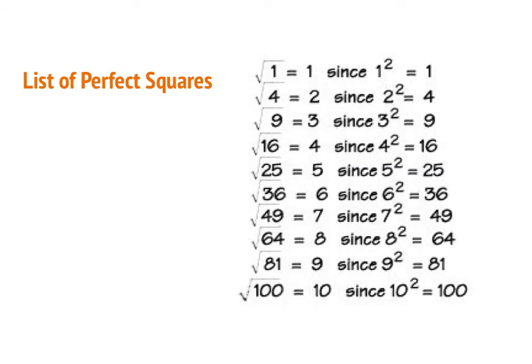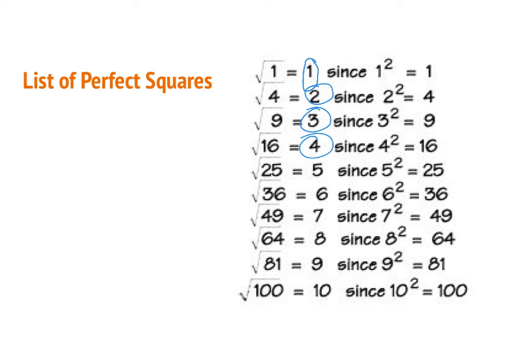Looking at trying to simplify radicals requires us to know what are perfect squares. Perfect squares are just nice whole numbers that when we try and find the root, I get a nice whole number. So the square root of 1 gives me a nice whole number. The square root of 4, square root of 9, square root of 16. These are nice whole numbers that I get.